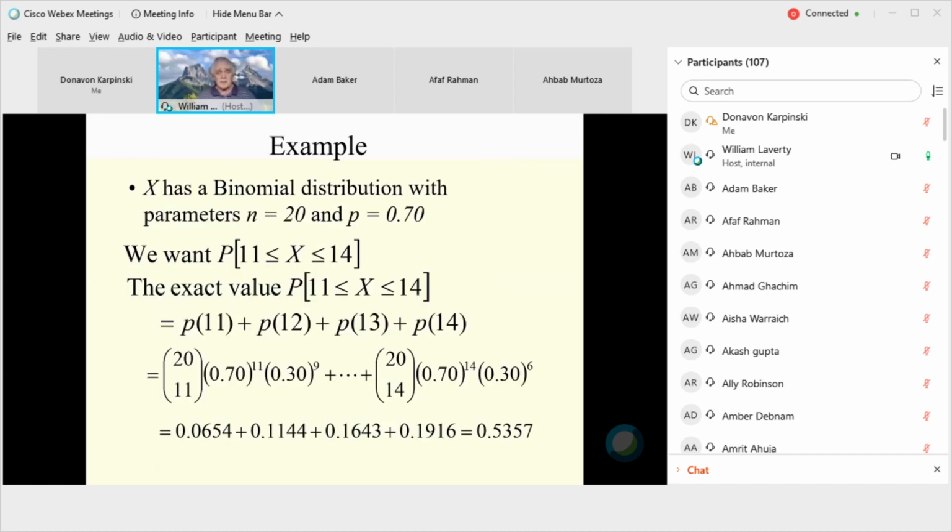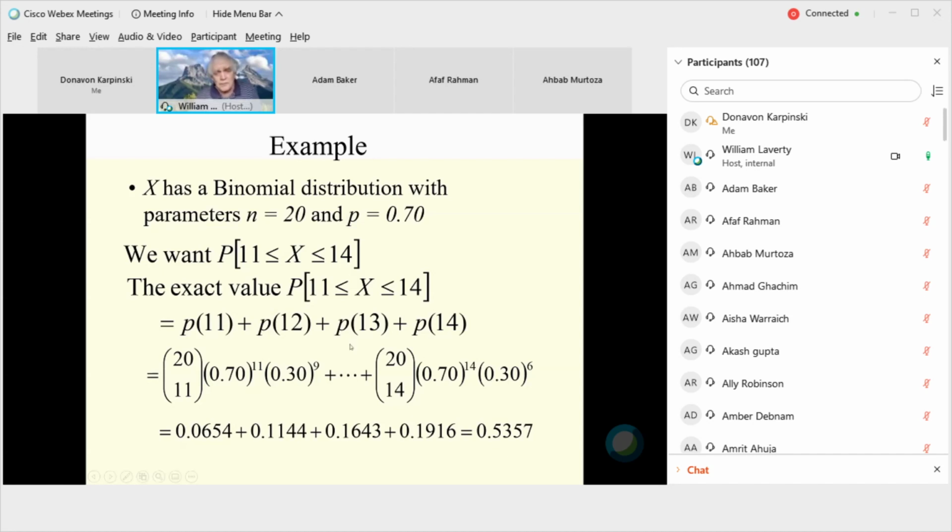Example: suppose X has a binomial distribution with n equal to 20, p equals a half. Now let me point out that the normal approximation for that value of n is a little bit off. But as n increases to bigger and bigger values, the normal approximation becomes almost exact.